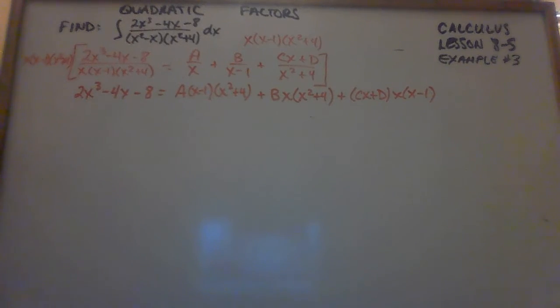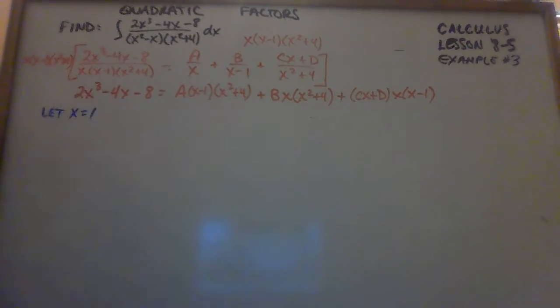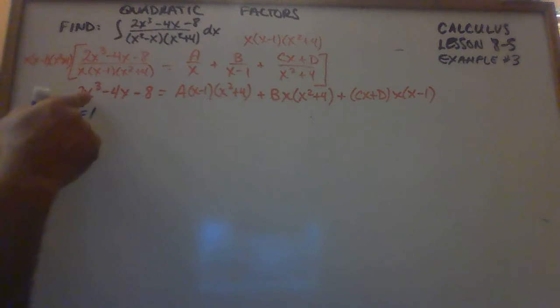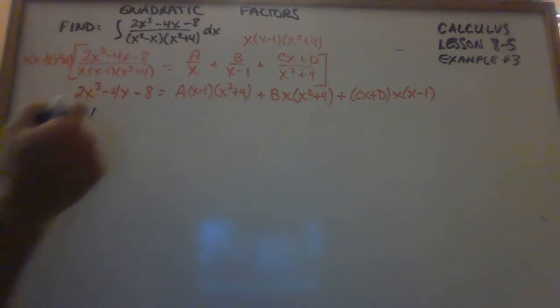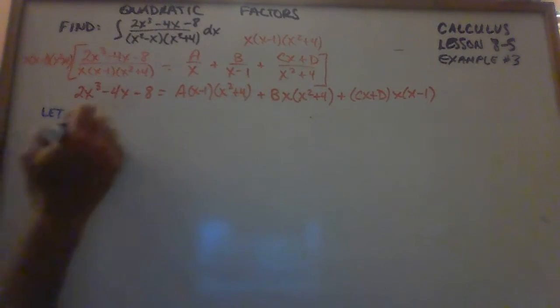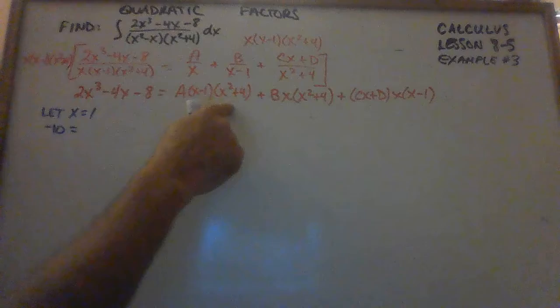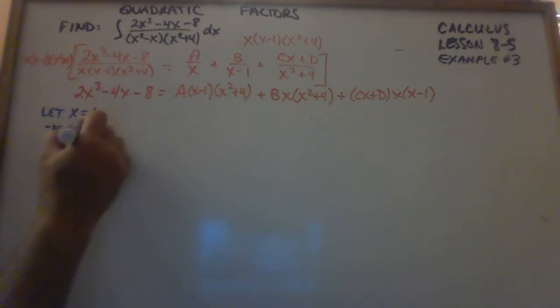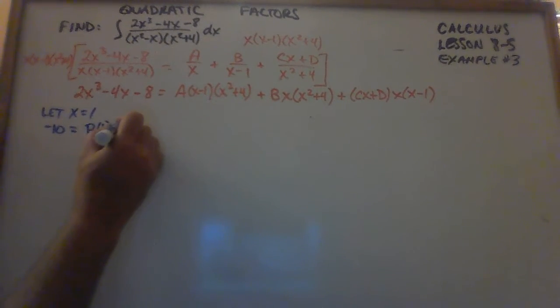Now, what can I cancel out and make 0 here? Well, I can let x equal 1. When x equals 1, this is 1 times 2 is 2, minus 4, which is negative 2, minus 8 is negative 10. So I get negative 10 equals, and over here, this all goes away. I get B times 1 times 5.